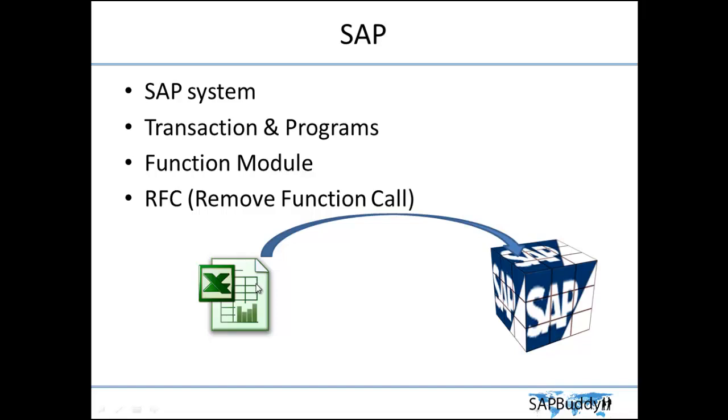So the RFC call from Excel will call the function module in SAP, execute it in SAP, and extract the data to Excel. So that is the technology behind calling SAP from Microsoft Excel.